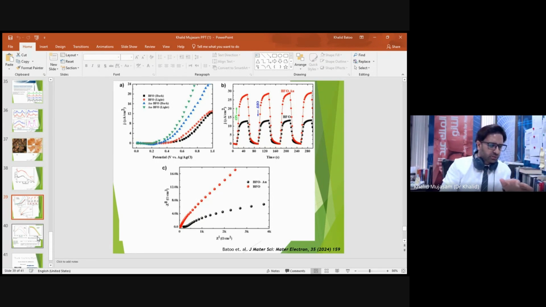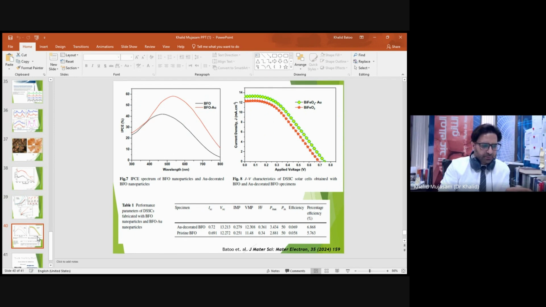You can see that it has gone to almost 22 microampere. Similarly, if you compare the pure one, the pristine sample, with the gold decorated one, you can see the efficiency increased for the gold decorated system, which is almost 6.8. You can say it's 7%. For the pristine sample, it was 5.7%.